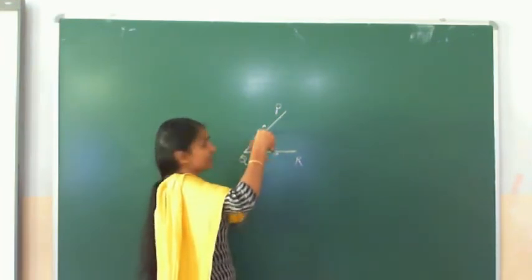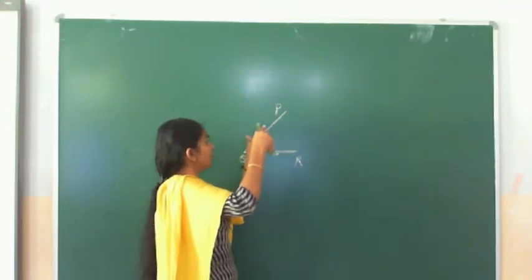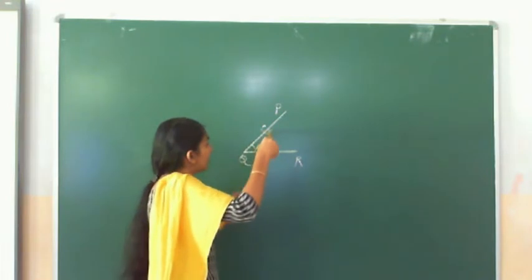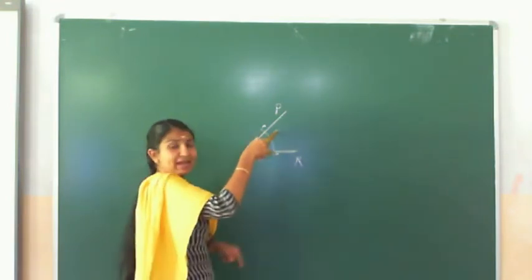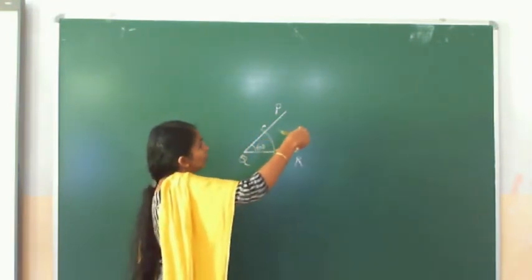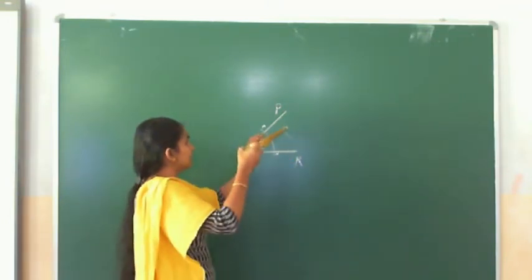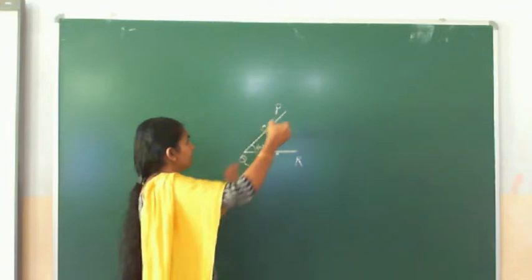I am just taking the same length. If you want, you can take it a little bit more or less, it is up to you. Keep M and N as centers and draw arcs.